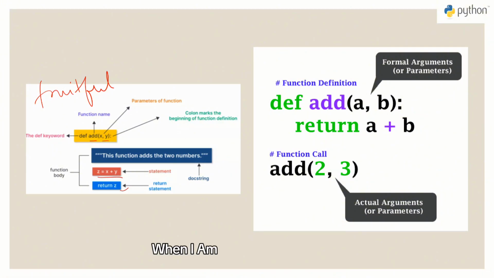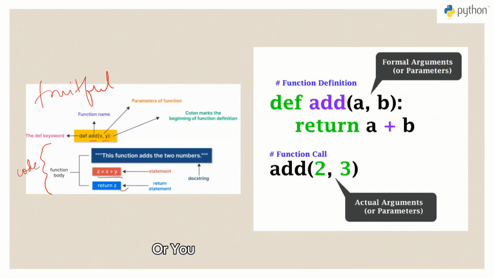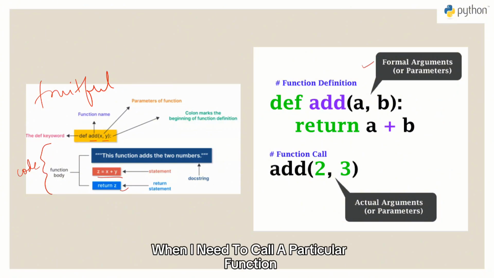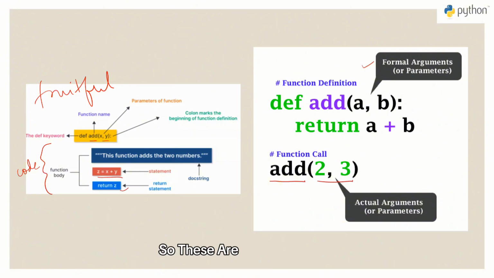When I am writing the code for a function, it becomes a function definition. The parameters which we are passing inside a function are nothing but formal arguments, or you can say formal parameters. When I need to call a particular function, I need to call it by the name of function and pass the actual values. So these are nothing but the actual arguments, or you can say actual parameters.